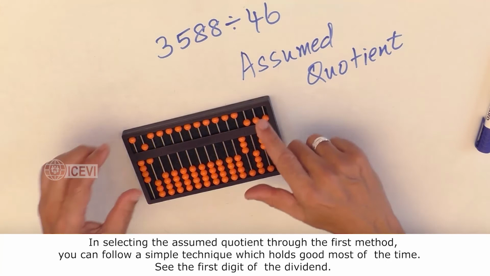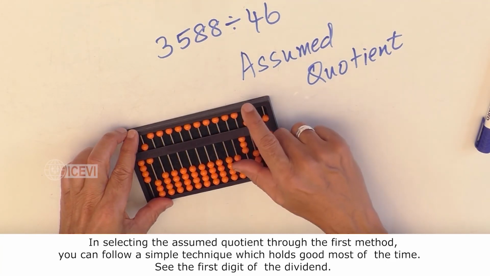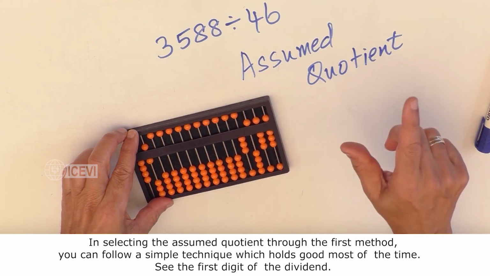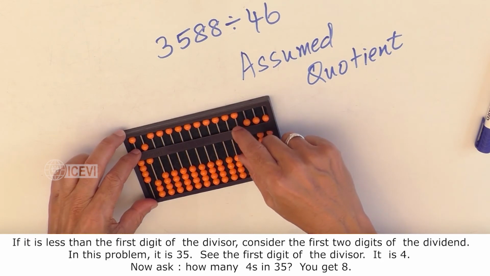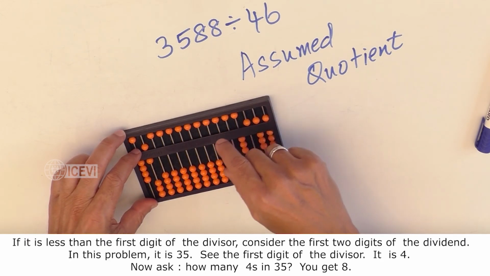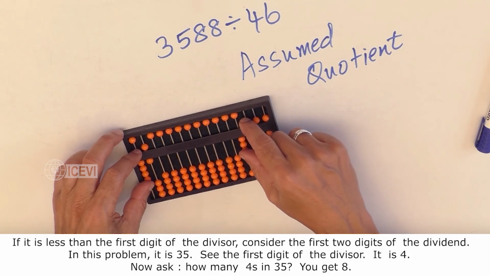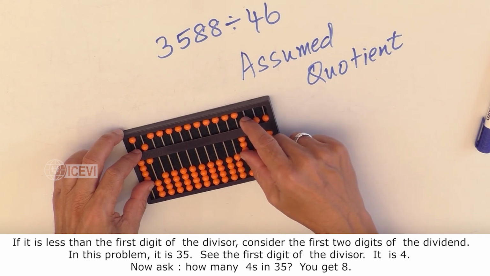In selecting the assumed quotient through the first method, you can follow a simple technique which holds good most of the time. See the first digit of the dividend. If it is less than the first digit of the divisor, consider the first 2 digits of the dividend. In this problem, it is 35.